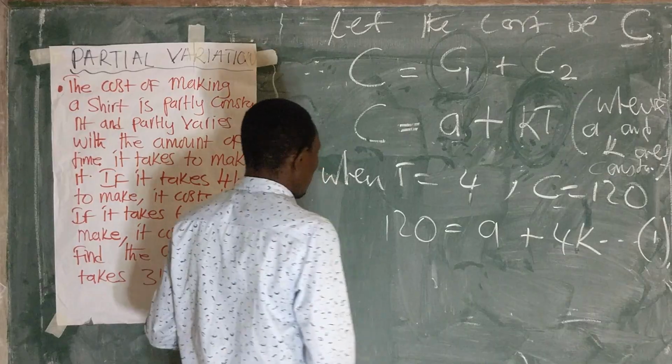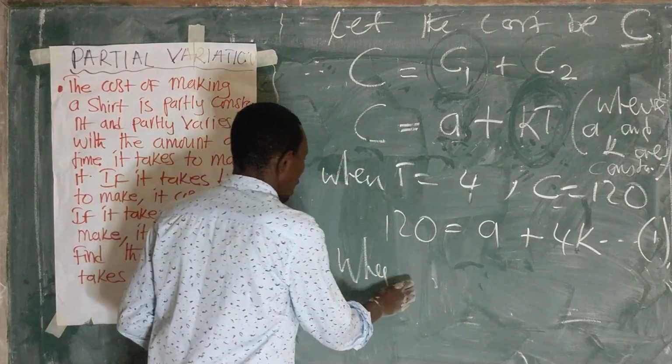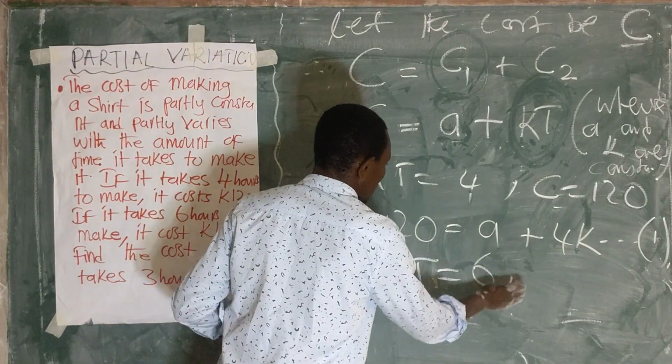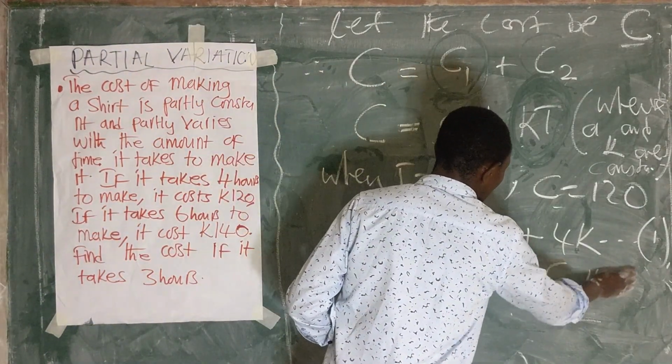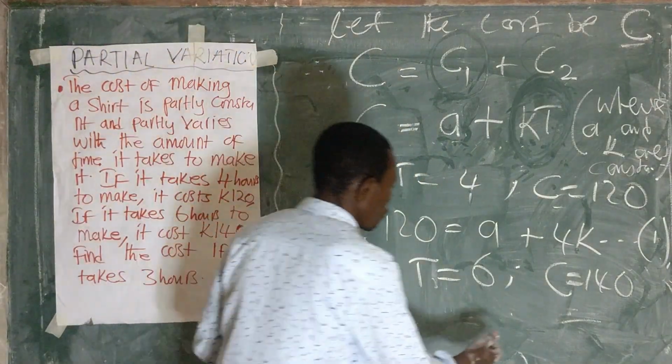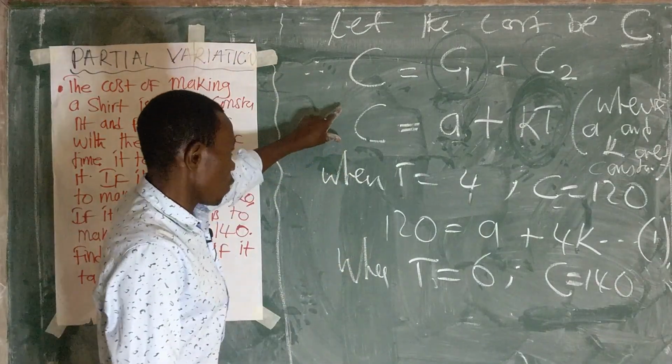So you can also line that up as when time taken is 6 hours, it costs 140. Right. So from there, you're also going to substitute in this equation here.